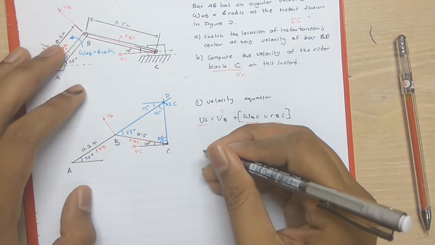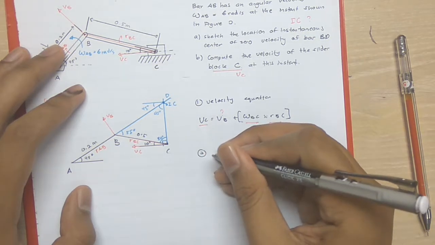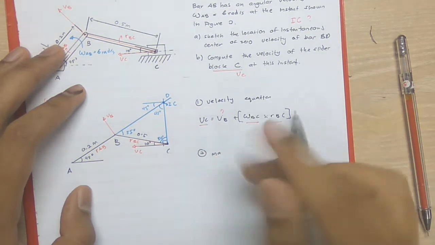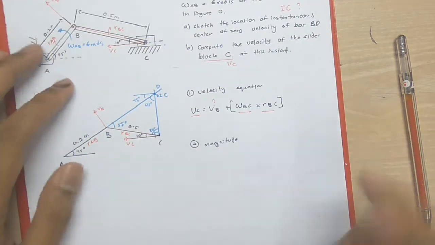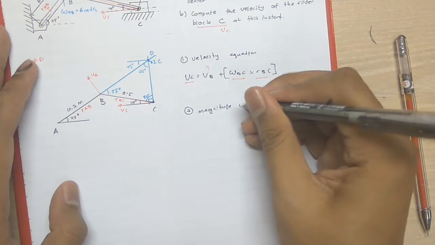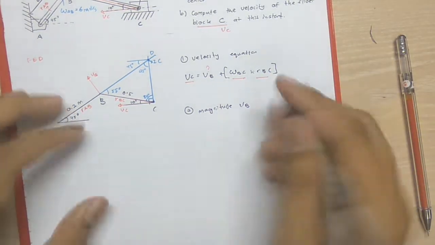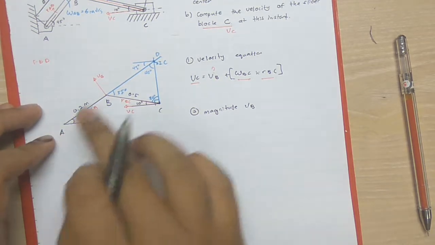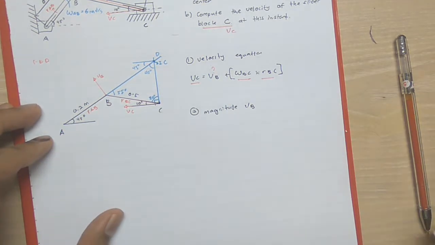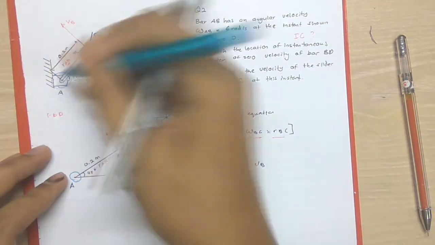We need to compute the magnitude of VB. From A to B, we know that this one is fixed.